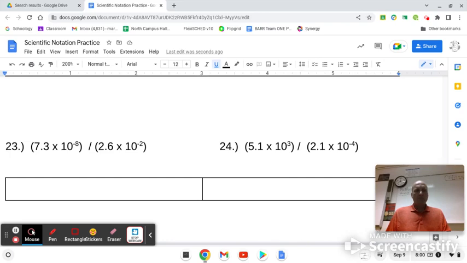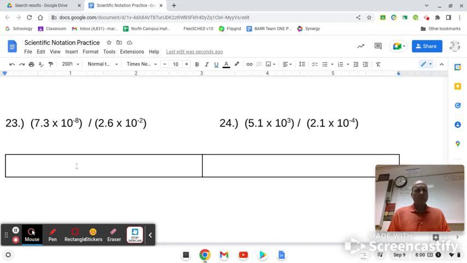All right, a couple more problems here, and then we got the idea here. So divide the numbers in front, 7.3 divided by 2.6 gives me 2.8 times 10 to the, negative 8 minus a negative 2. Careful, when you minus a negative, you're adding.